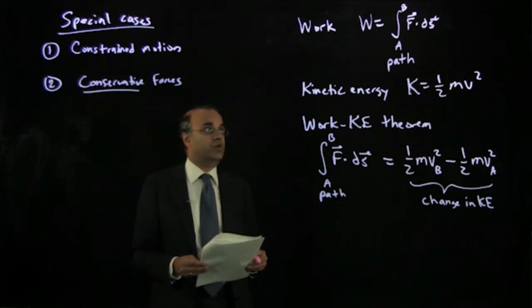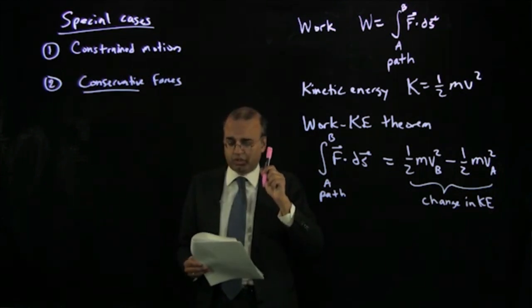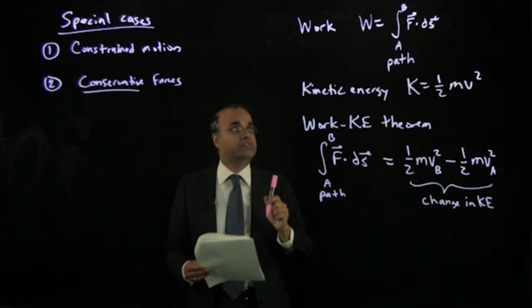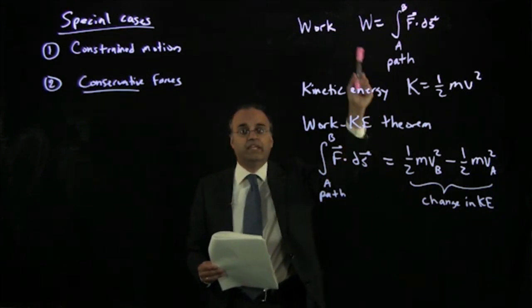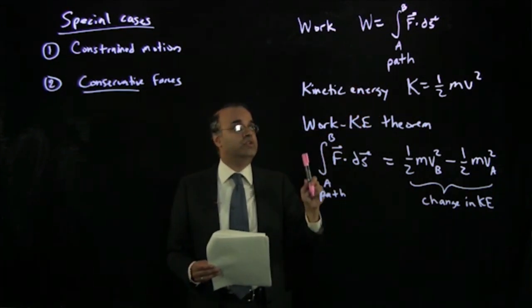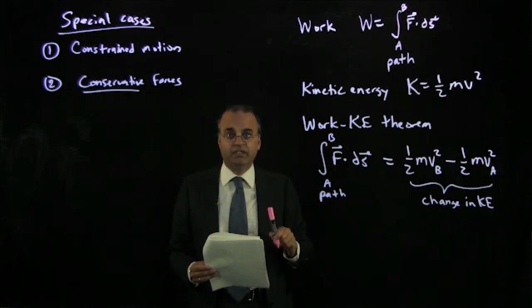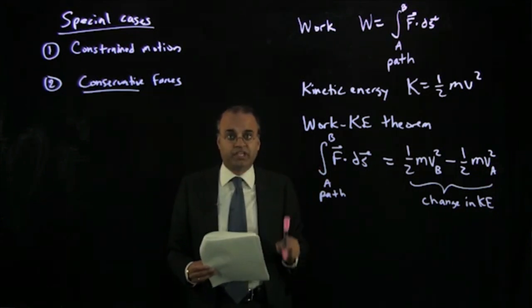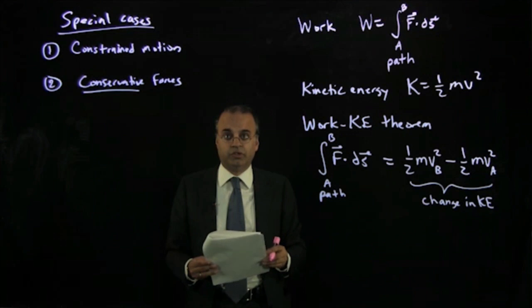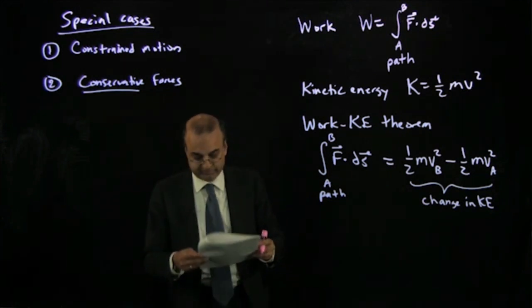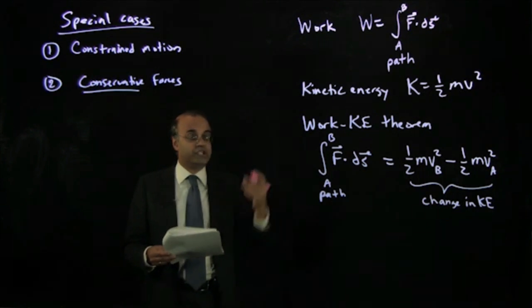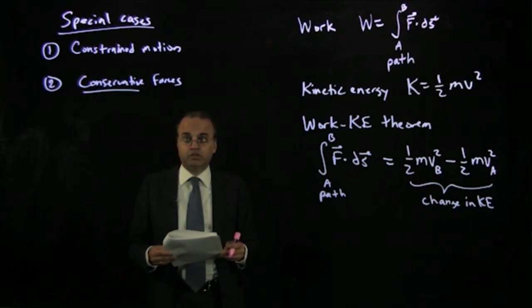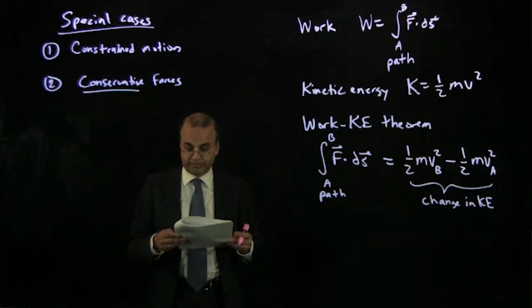So for a conservative force, the work integral only depends upon the endpoints A and B, and not upon the path you take to get from A to B. So for any path, you'll always get the same value of the work integral if the force is conservative. And so those are the two cases in which we can usefully apply work and the work energy theorem.